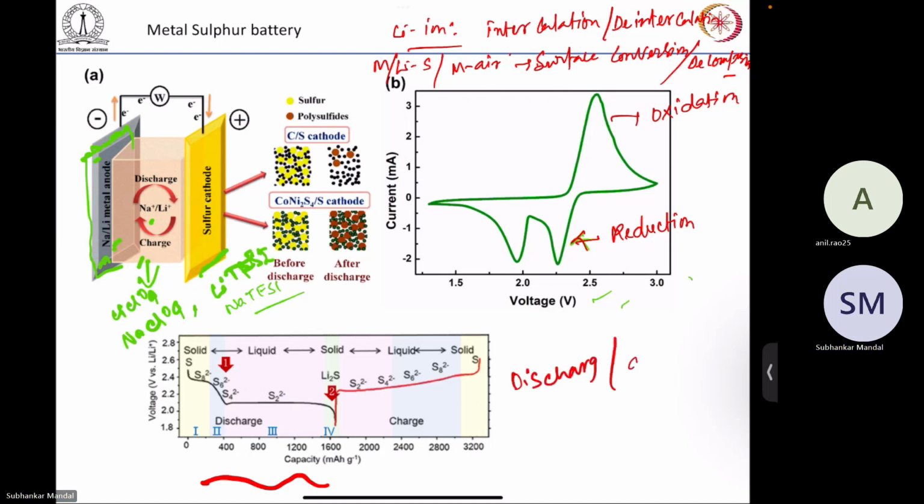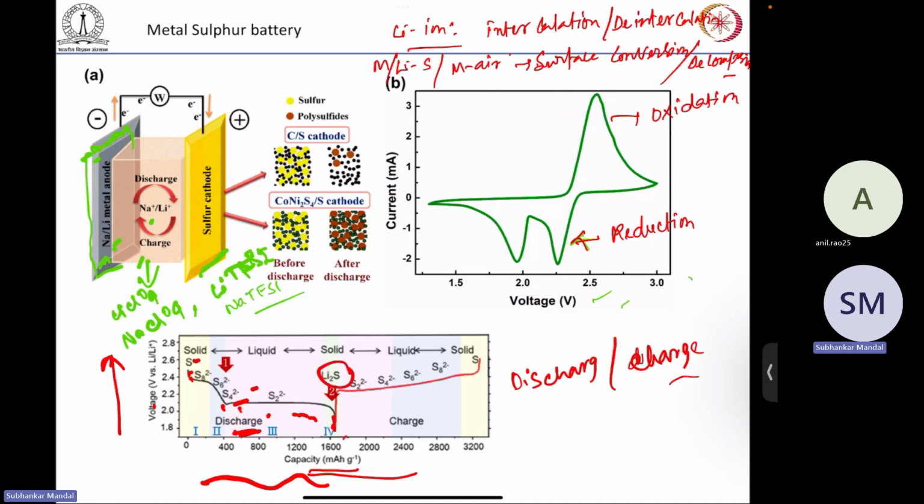Discharge charge diagram. Okay, so here you can see on the x-axis you have the capacity, and on the y-axis you have the voltage. Here you can see this kind of straight line. Basically this represents that during the discharge, sulfur is producing polysulfides and different oxidation states of sulfide product, like S8 2 minus, S6 2 minus, S4 2 minus, and lithium sulfide as the end product.